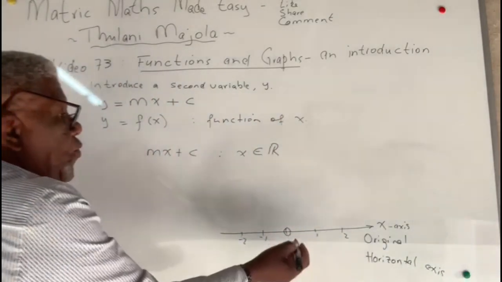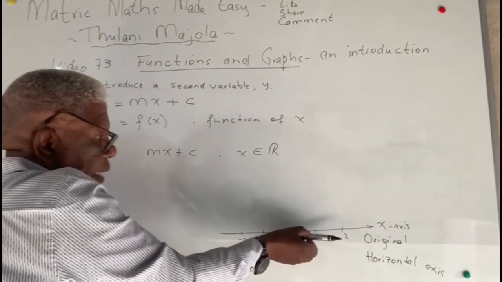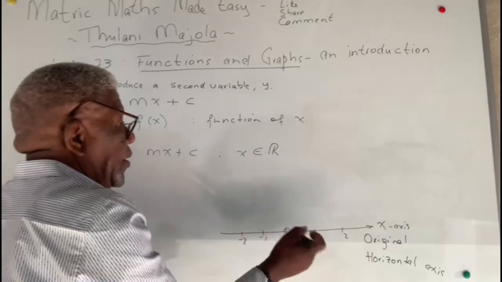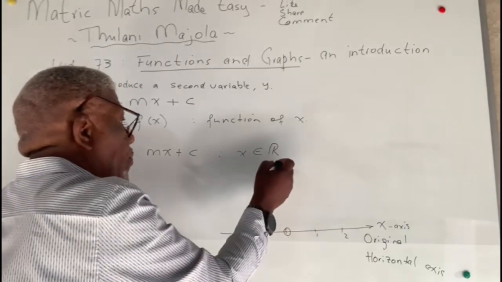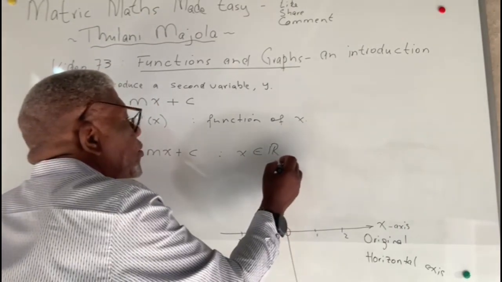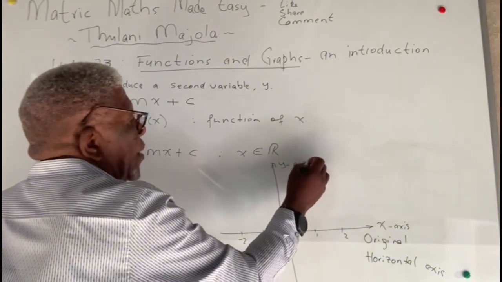Now, what we do is we rotate the original number line along the origin, along 0, by 90 degrees, to get the y. So this is y, we call it the y-axis.